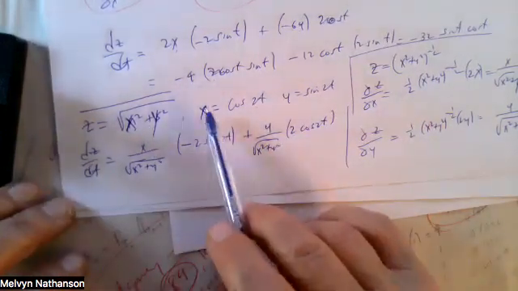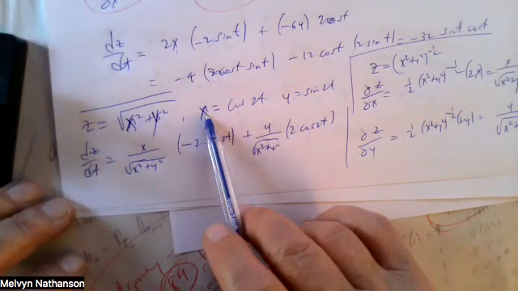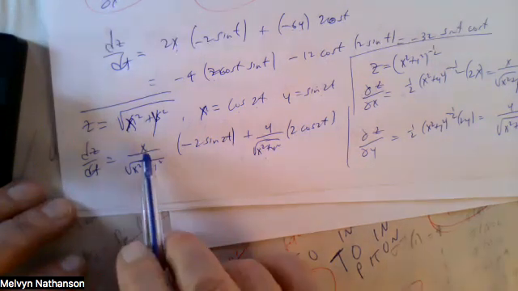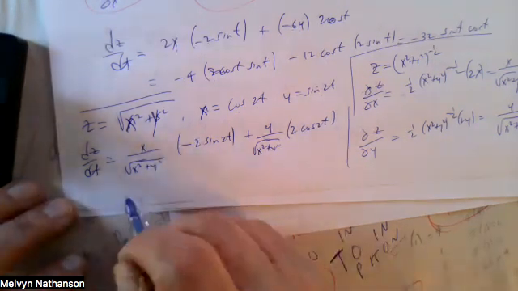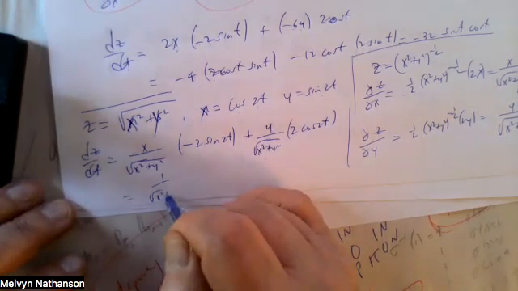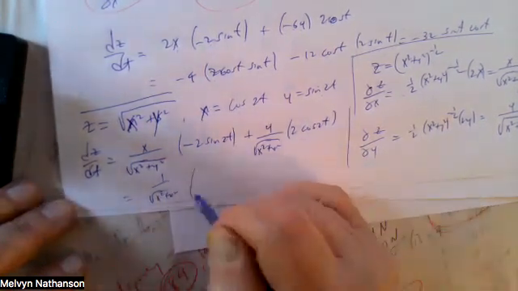Now, let's put this in. So x is cosine 2t. This is 1 over the square root of x squared plus y squared. Let me just factor that out.